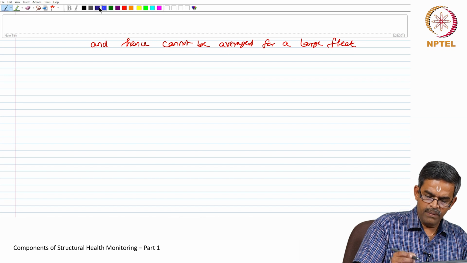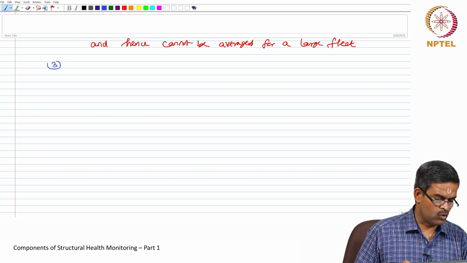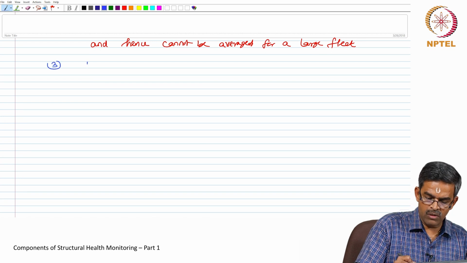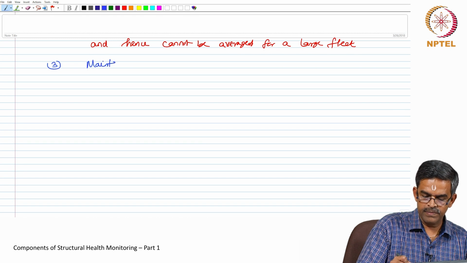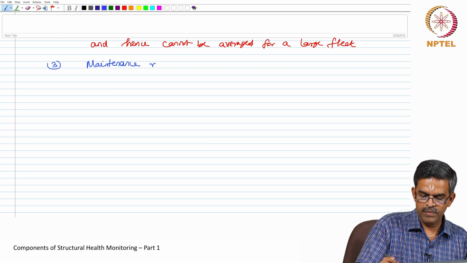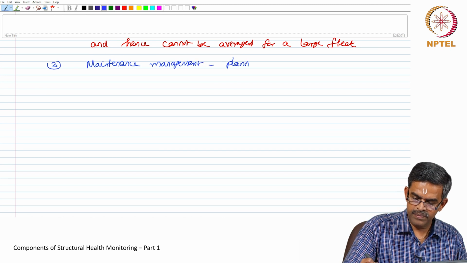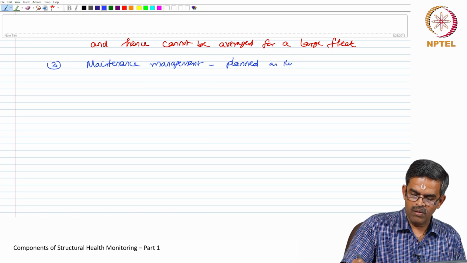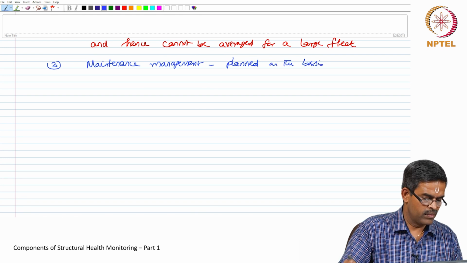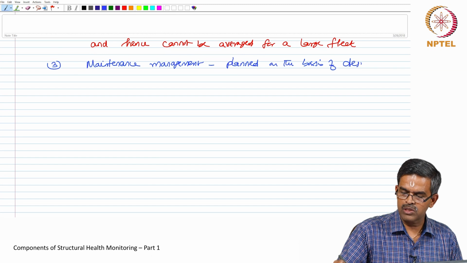The third anomaly could be based on the maintenance management, which can be planned on the basis of the design load spectrum.